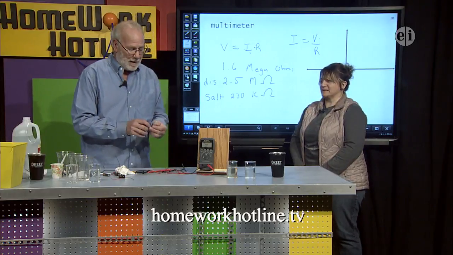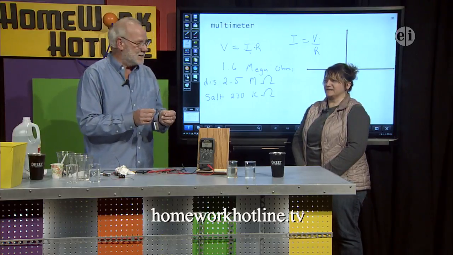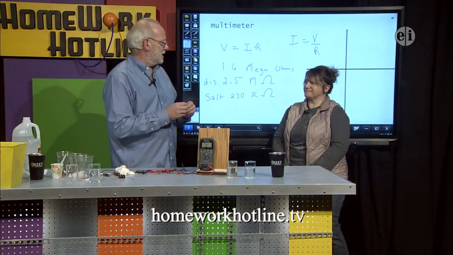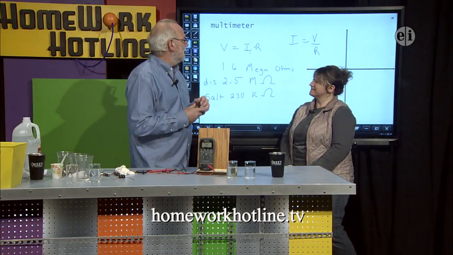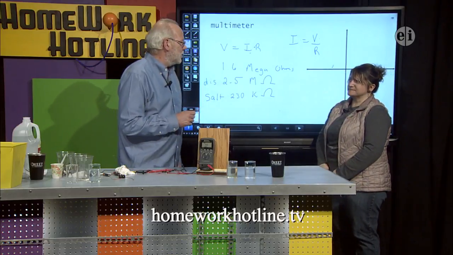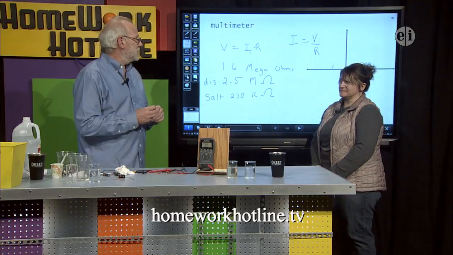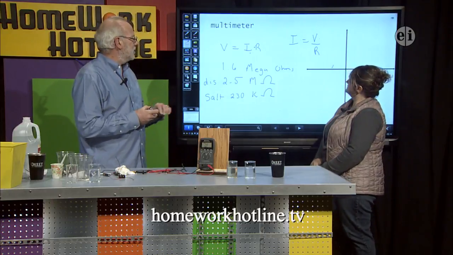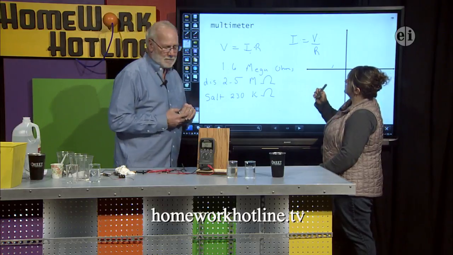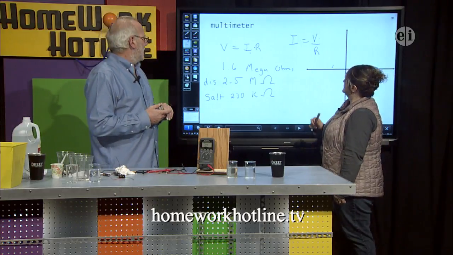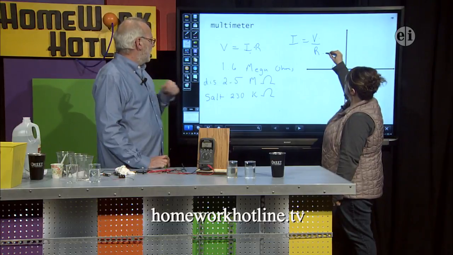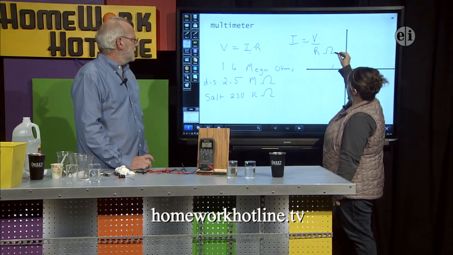The current is really, really high because there's hardly any resistance. 9 divided by a very small number is a really big current. So there's lots of amps. We measure current in amps, voltage in volts, and resistance in ohms, using the omega notation.